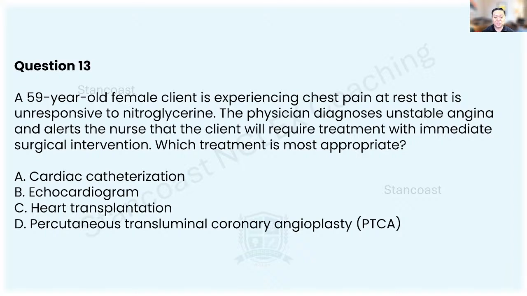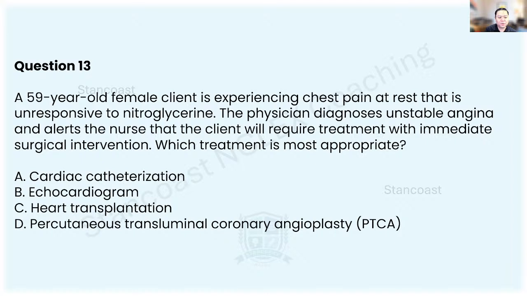The physician diagnoses unstable angina and alerts the nurse that the client will require treatment with immediate surgical intervention. Which treatment is most appropriate? Is it A, cardiac catheterization, B, echocardiogram, C, heart transplantation, or D, percutaneous transluminal coronary angioplasty?